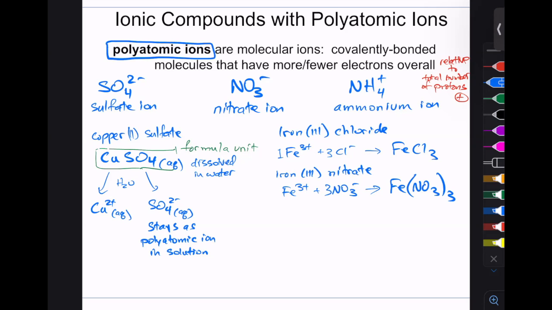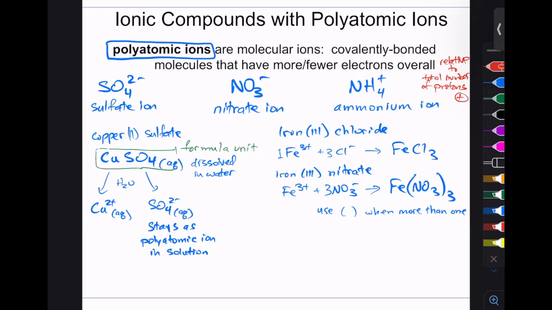So like sulfate, the nitrate, and ammonium ion, you're going to be seeing these a lot, and others as well. Okay, but this is the formal way we use the parentheses to group the polyatomic ions when you have more than one of them. If it's monatomic, you don't need the parentheses for that at all.